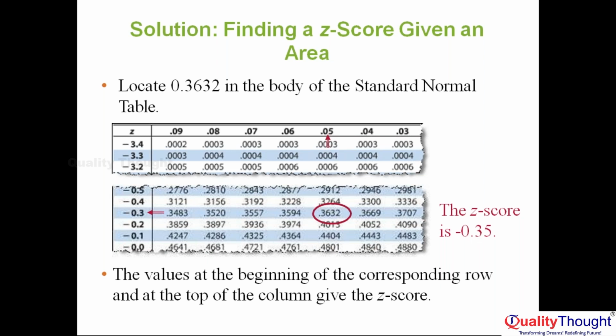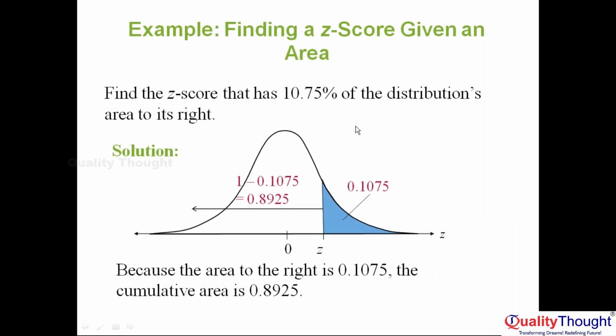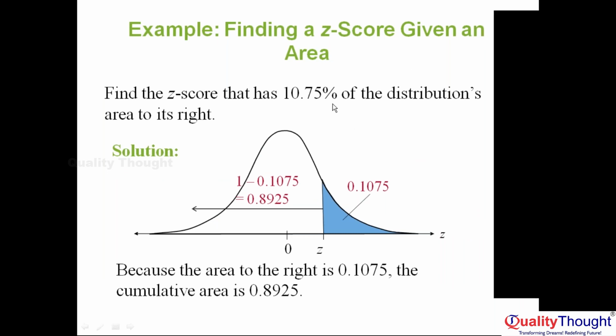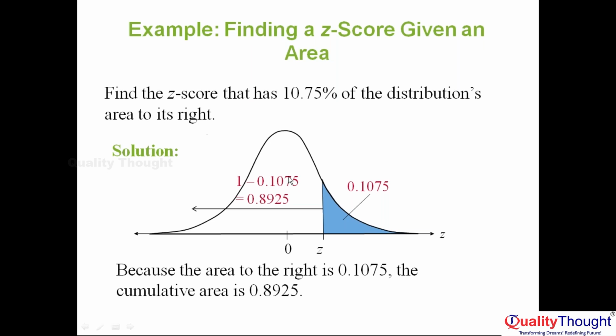So now, find the Z score that has 10.75% of the distribution's area to its right side. See, whenever it asks for the distribution area to its right, 10.75% represents 0.1075, which is the right hand side of the curve, and then you need to subtract it from one, and the left hand side of the curve will show you 0.8925.